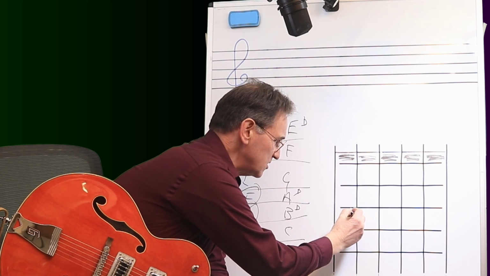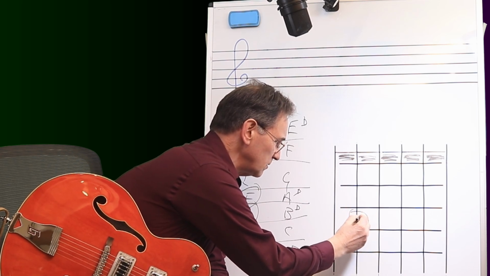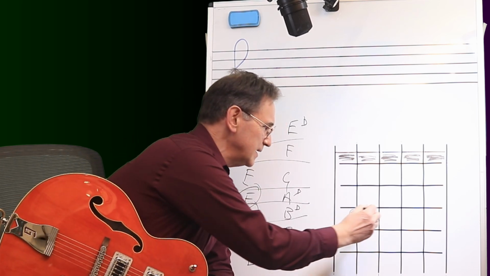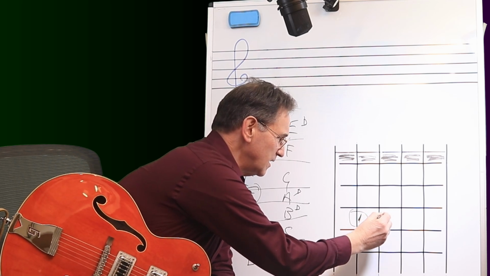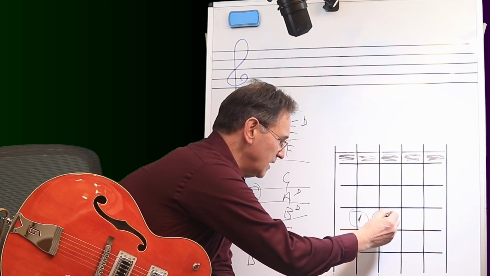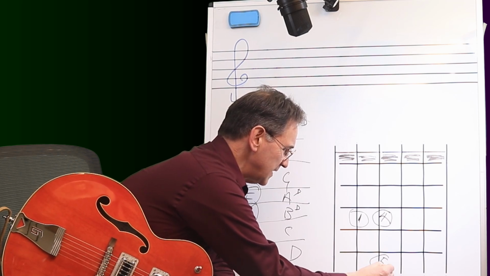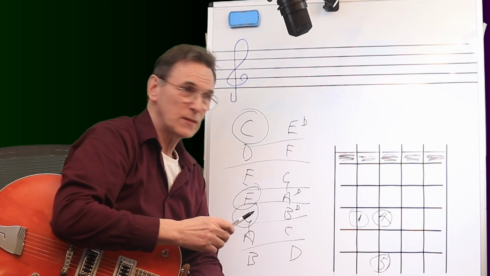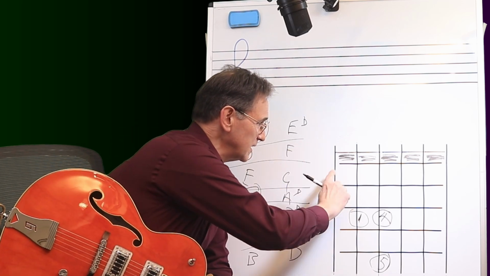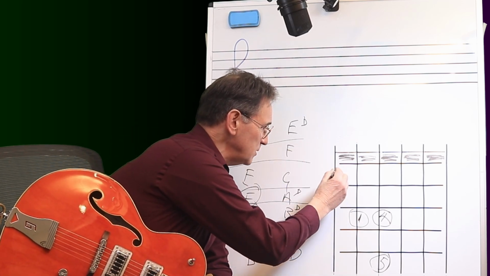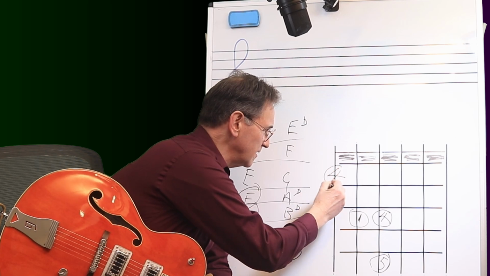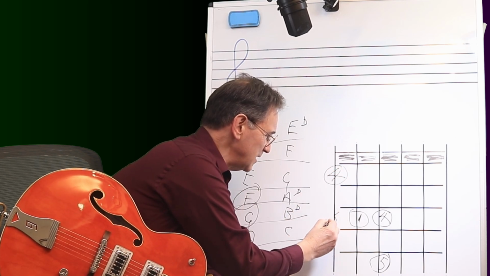If this is a 1, right? I'm going to put that 1 there. This note here, that's going to be a 4, and that's going to be a 5, right? And then the same thing. This note over here, that's going to be a 4, and this is going to be a 5.